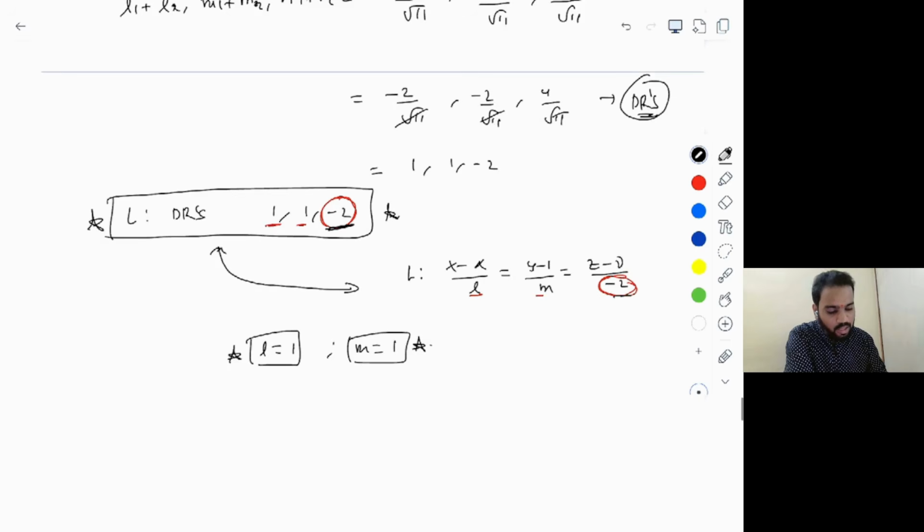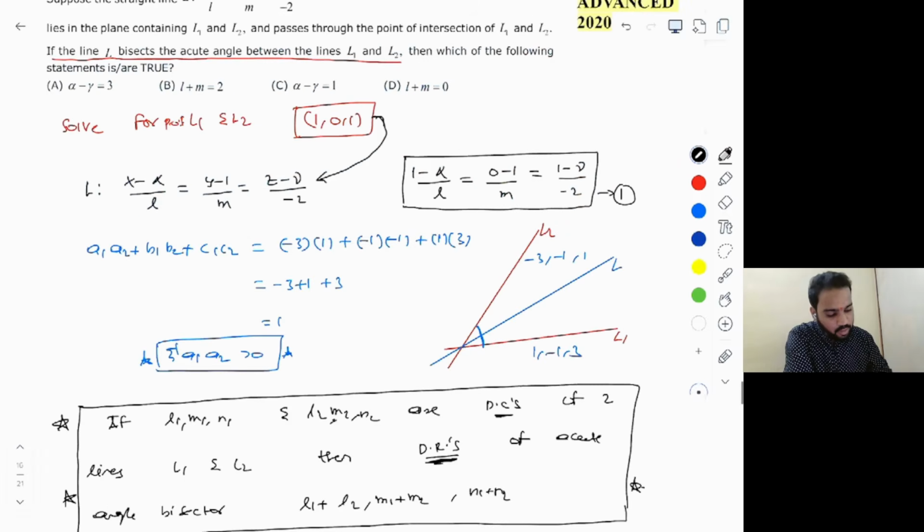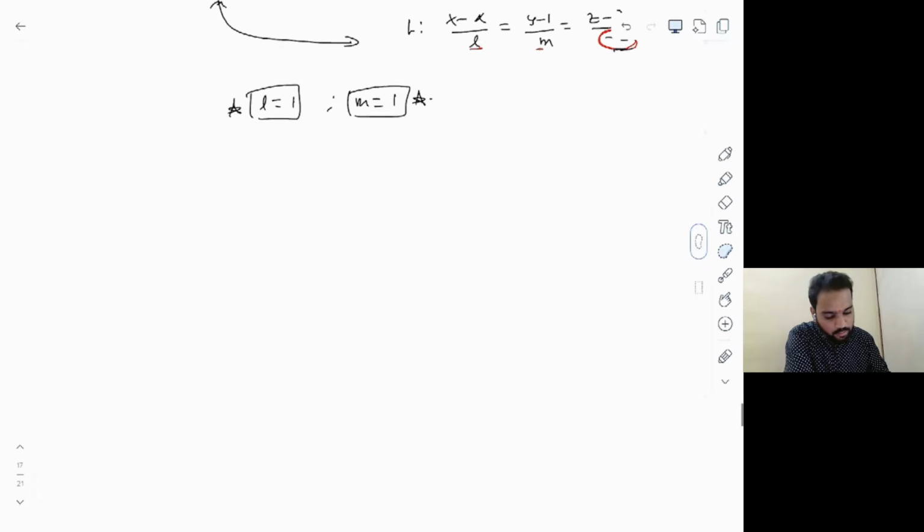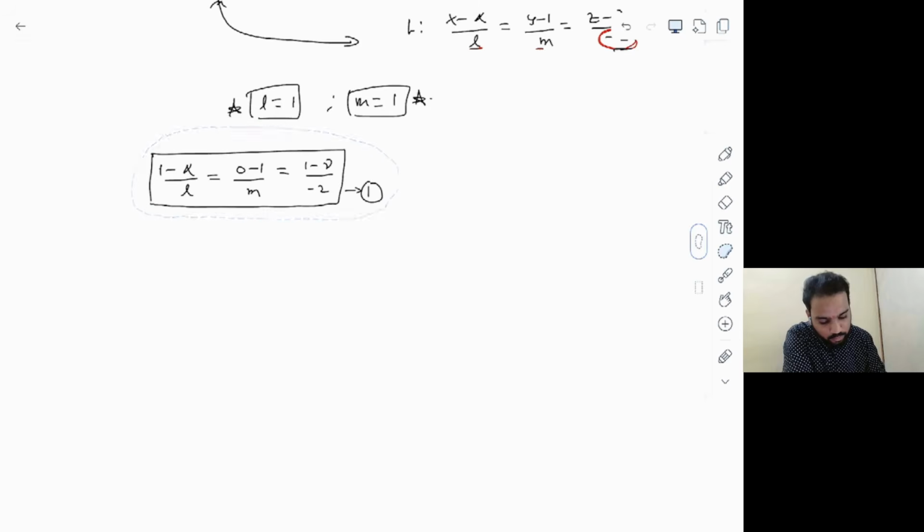After getting L, M, if we observe carefully, we have an equation, condition number 1, to find the other values. So let's take the value of L from here and M from here, and substitute it here.